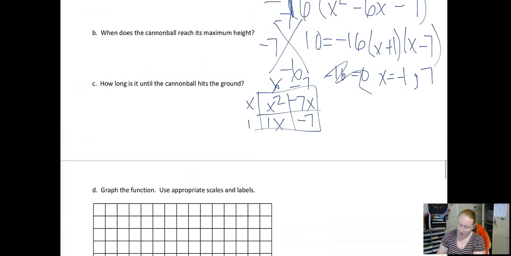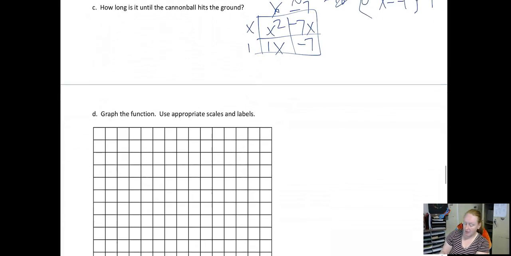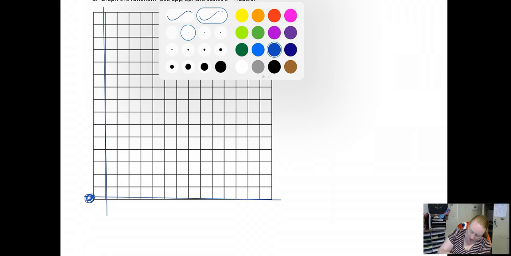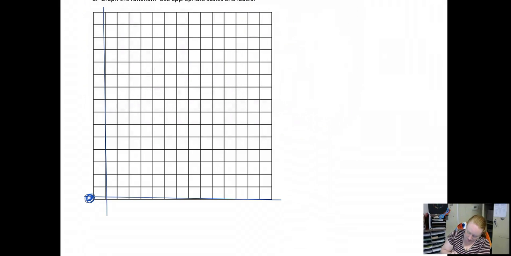So we have x-intercepts at negative 1 and 7. We're going to go ahead and put those on our graph. I'm going to make this my y-axis. This is going to be my x-axis. And I get negative 1, positive 7. 1, 2, 3, 4, 5, 6, 7.